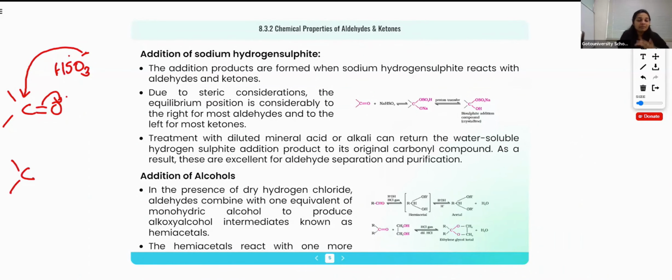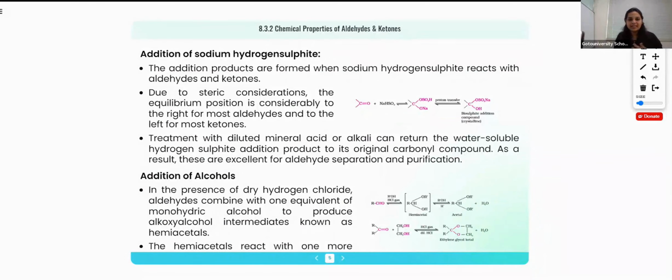So the intermediate forming here is HSO3 minus, and this is O minus. Okay, so this is the intermediate forming here. Got it? Then the same product will form.